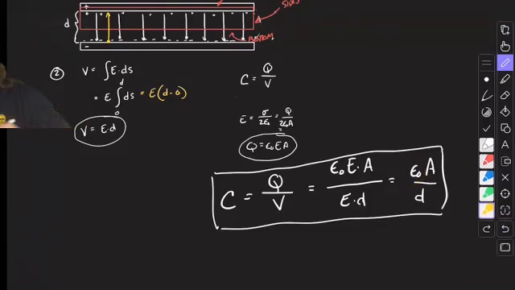Second, there'll be a reference to how much overlap there is between the sheets. What is the area upon which the charge is spread out? And then there'll be a reference to how far apart the sheets are from each other.